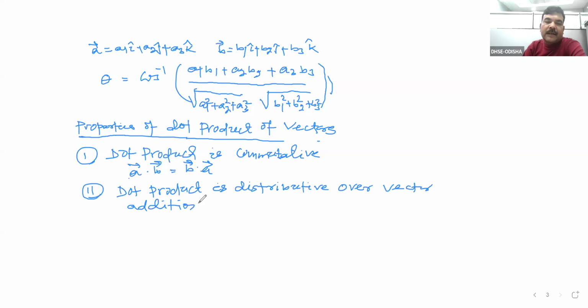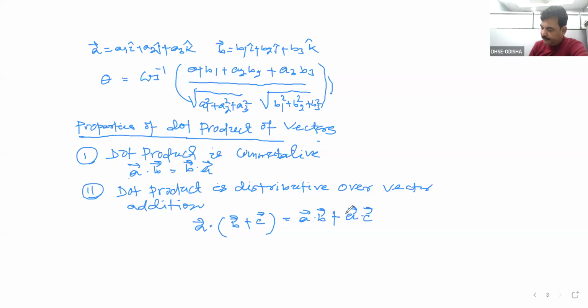That is, for any three vectors A bar, B bar and C bar, A dot (B plus C) equals A dot B plus A dot C.